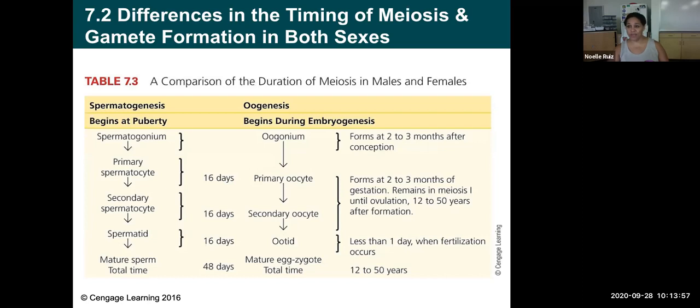You're born with all the eggs you will ever have, females are. But the entire process to get to mature eggs takes 12 to 50 years. You will ovulate from about 12, that's about when puberty begins, when girls get their first period. Some are a little earlier, some are a little later. And then 50 is about when menopause happens. Some women are earlier, some women are later.